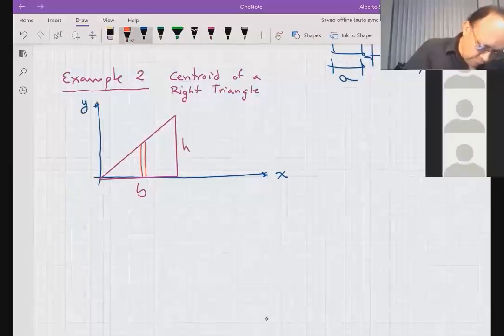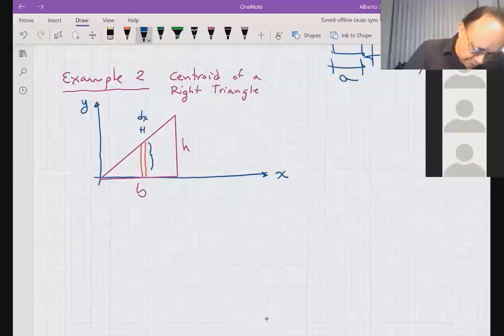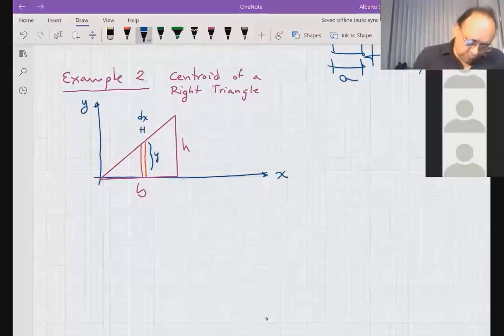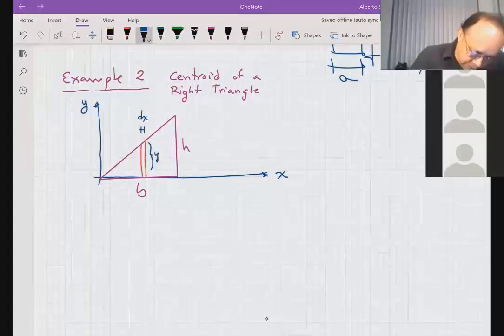This width is dx. The height of the strip is, let's call it y. So we know that the center of gravity of this strip, since it is very thin, can be considered horizontal here, and the center of gravity is right here in the middle.